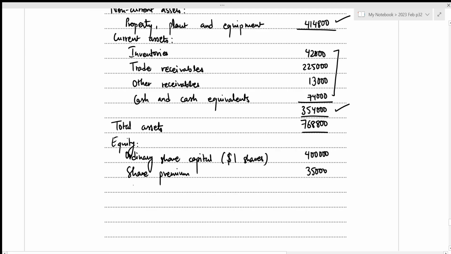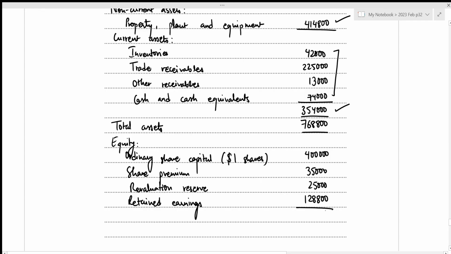We then have revaluation reserve, and it has a new value of 25,000 after adjusting the 35,000 revaluation downwards. We also have retained earnings, whose new adjusted value we have figured out to be 128,800.